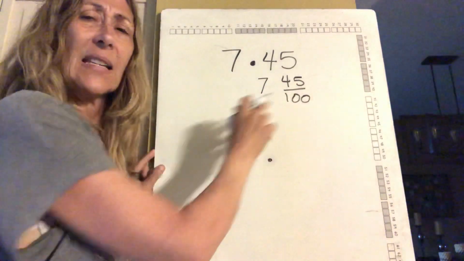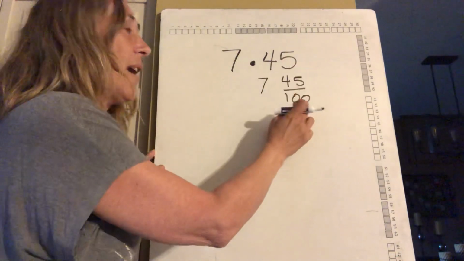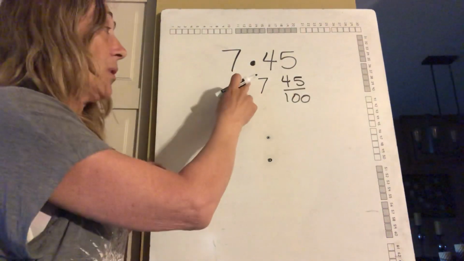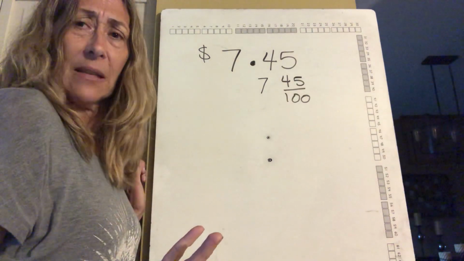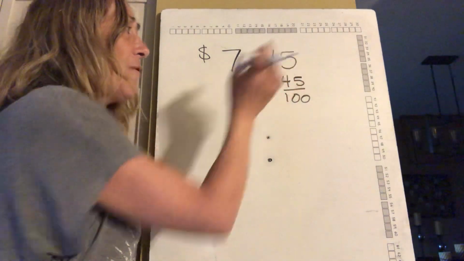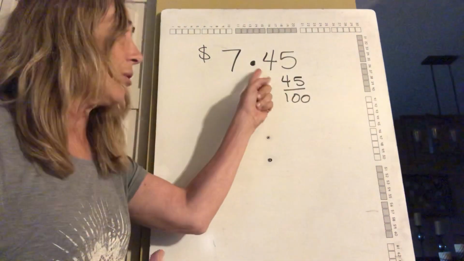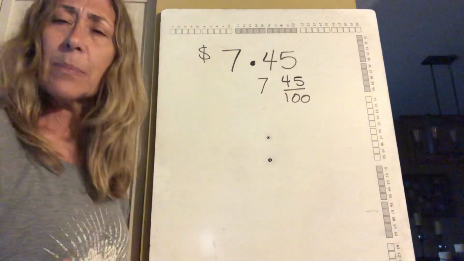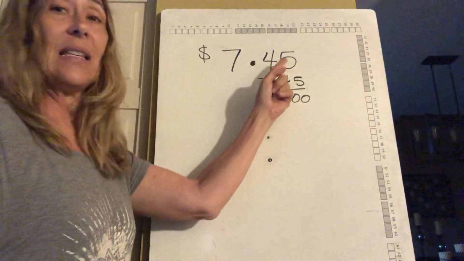So I can read that as a mixed number, 7 wholes and 45/100ths. If this was money, it would be $7.45. 7 wholes and 45 parts of the 100. So I like to think when we're only in the tens and hundreds, it's much like money, the dimes and the pennies, the tens and the ones.